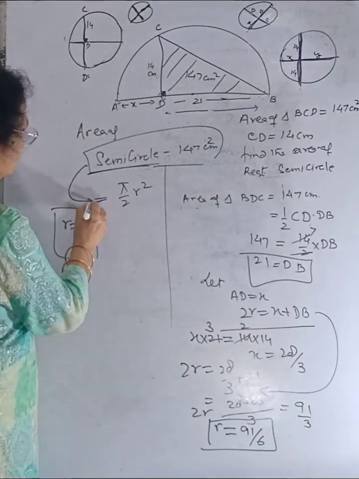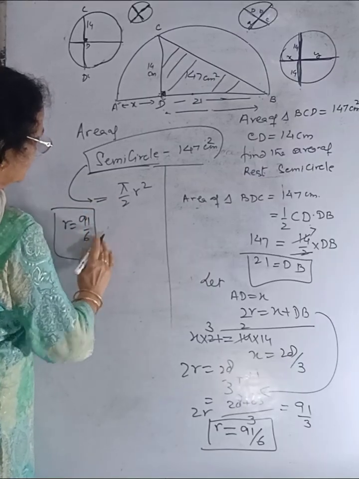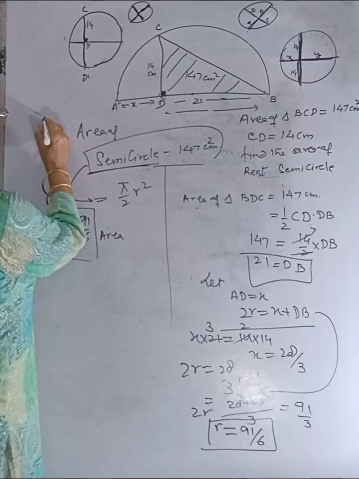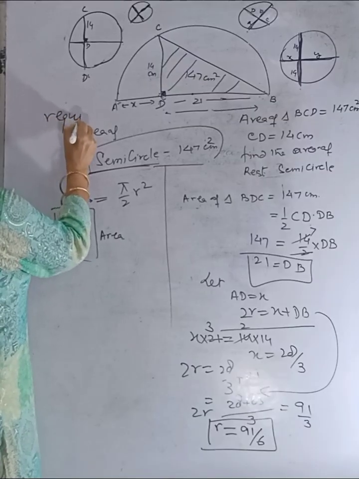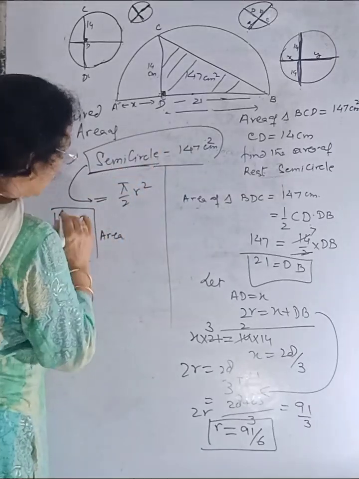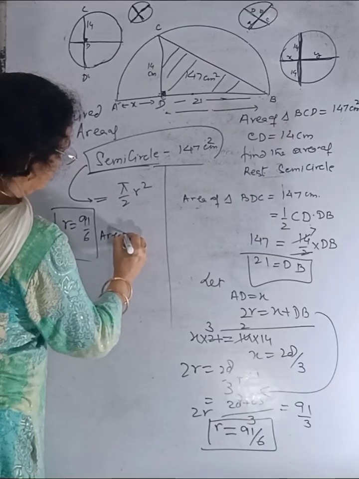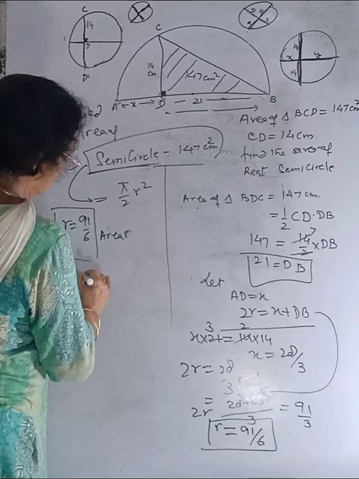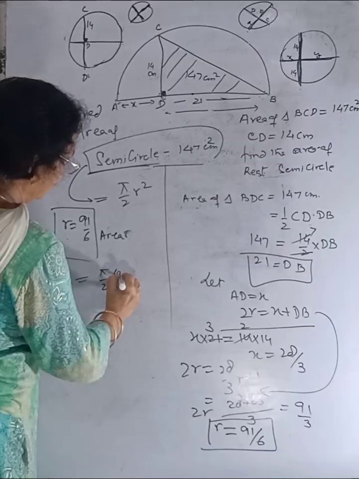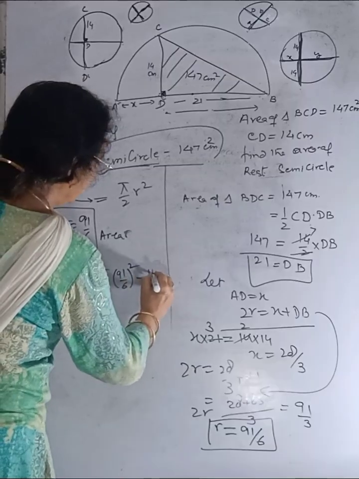Hence the required area, the area of the semicircle minus 147, will be equal to pi by 2 into r square, that is 91 by 6 square, minus 147.